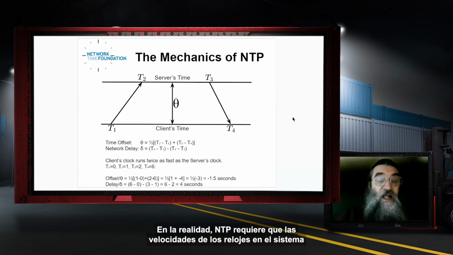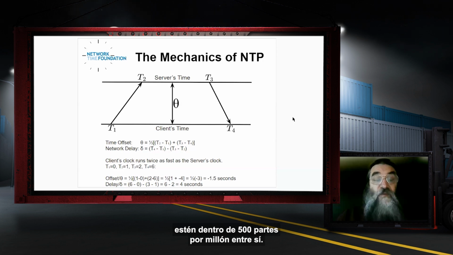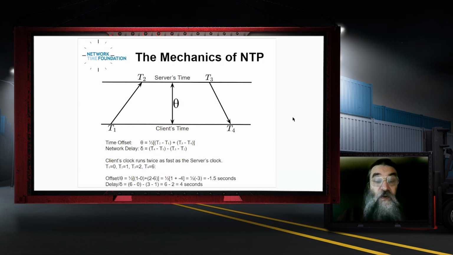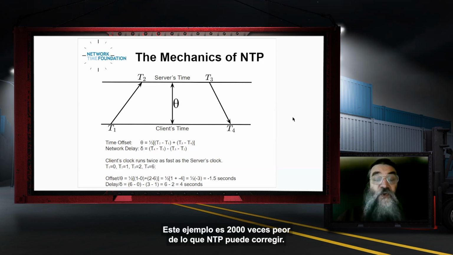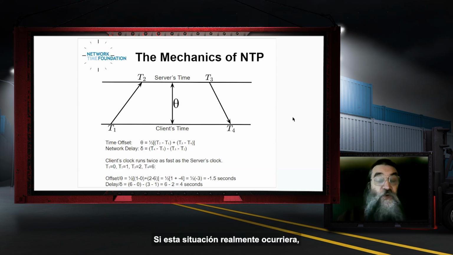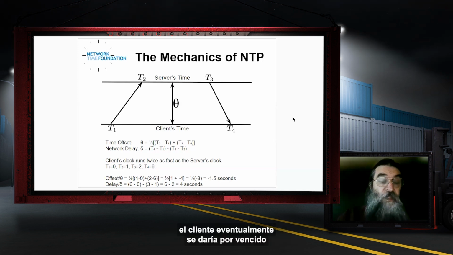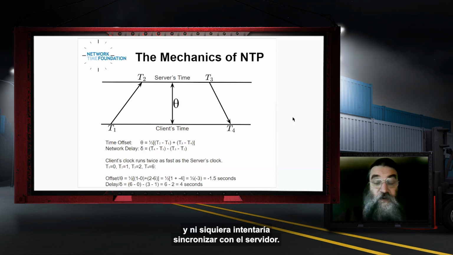Theoretically, in reality, NTP requires clock rates of the systems to be within 500 parts per million of each other, and this example is 2,000 times worse than NTP can correct. So if this situation was actually in place, the client would eventually give up and not even try to synchronize with the server.